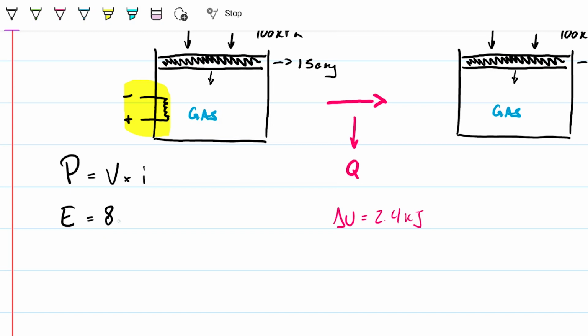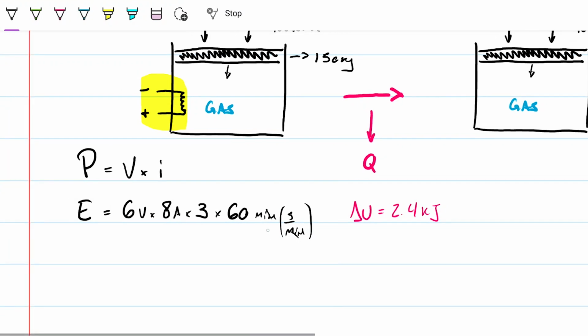So basically it's going to be 6 volts times 8 amps times 3. But as you recall, a watt is joules per second, so we need this in seconds, not in minutes. So I'm going to multiply by 60, so we get this in seconds. So I'm multiplying minutes by seconds per minute.